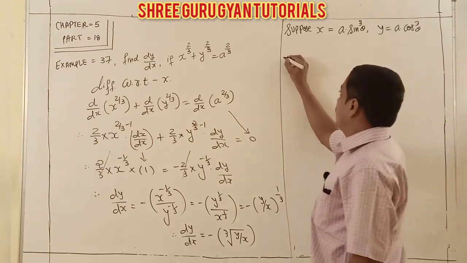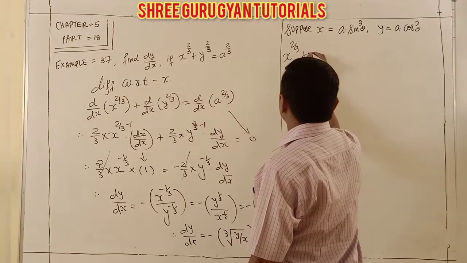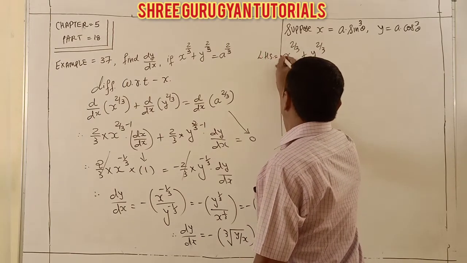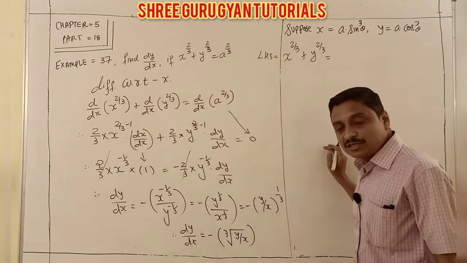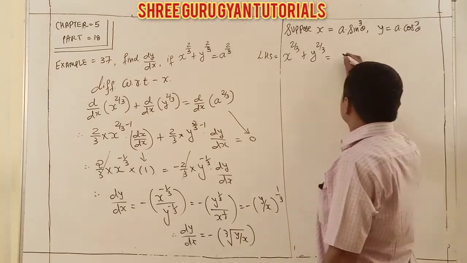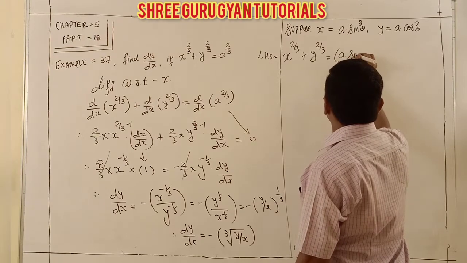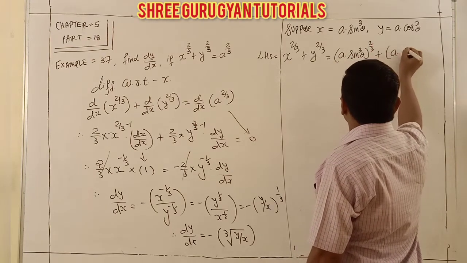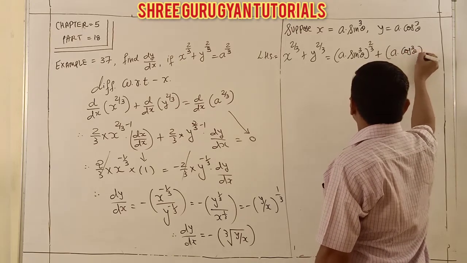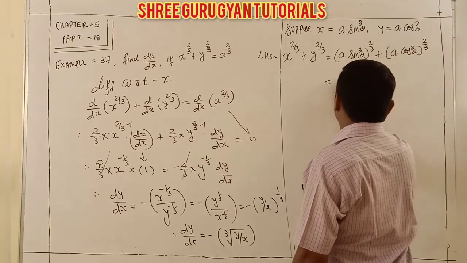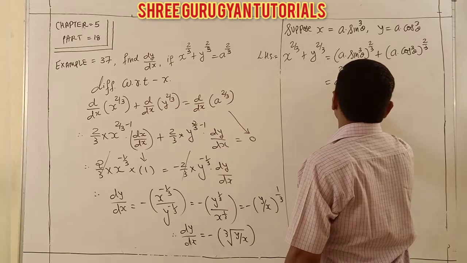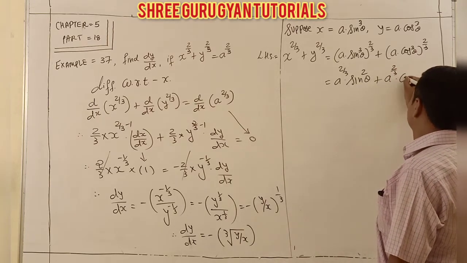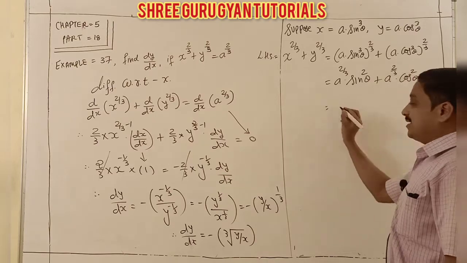So check x raised to 2/3 plus y raised to 2/3; our LHS is satisfied by this suggestion according to RHS. So a into sin cube raised to 2/3, same a into cos cube raised to 2/3. What you get: a raised to 2/3 sin square, a raised to 2/3 cos square.